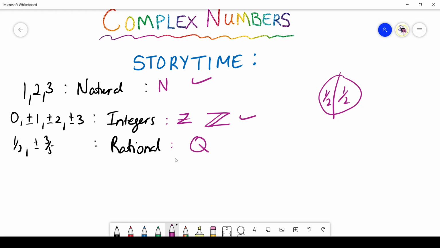All right, and moving along, getting a little bit closer to what complex numbers is all about is what we're going to learn about now. So we had natural numbers, then people realized there's positives and negatives, you had integers, and then there's parts of whole numbers such as rational numbers, fractions and stuff like that.